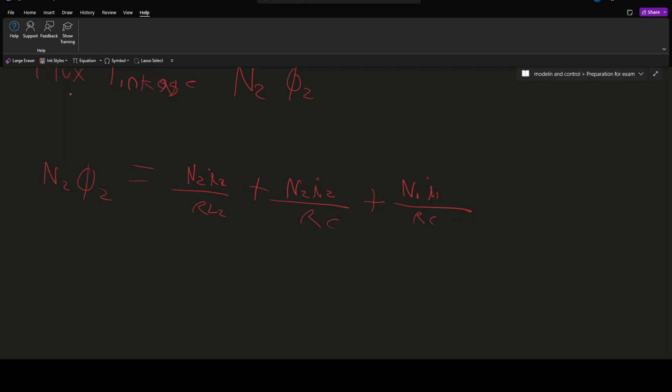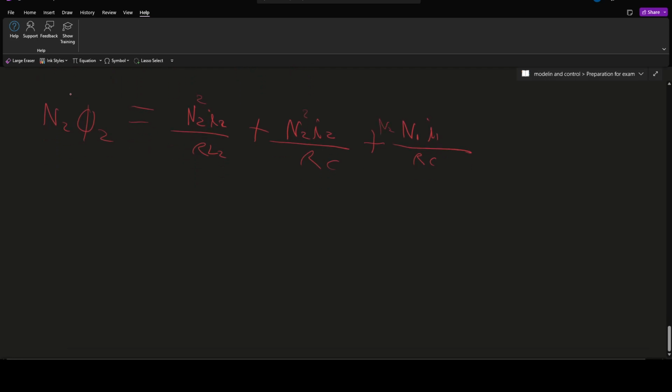So we are gonna have n2 squared, n2 squared, n2 times n1. And similarly, we're gonna have that our voltage equation for the secondary is gonna be n2 times d Phi2 over dt. And we're gonna do the same analogy.